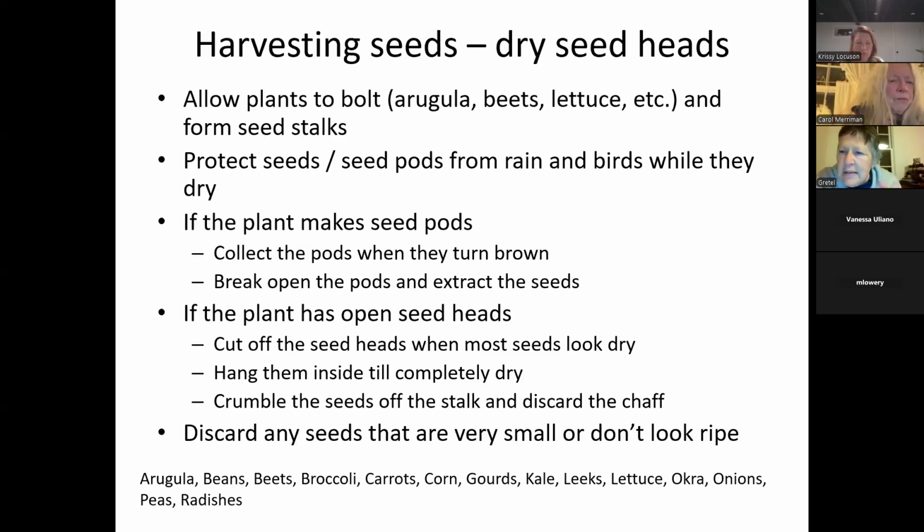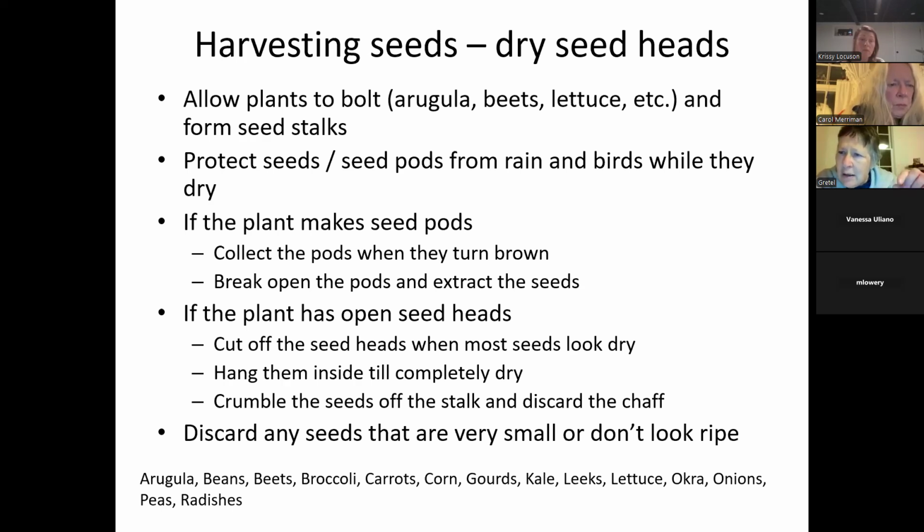When you're saving seeds, we tend to divide them into dry seed heads and wet seed heads. Dry seed heads are arugula, beets, lettuce, Queen Anne's lace, most of the daisy-like things, asters. They're all dry seed heads. You wait until it ripens.